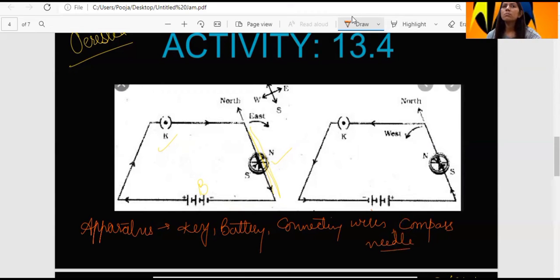Now let us see the procedure of this activity.